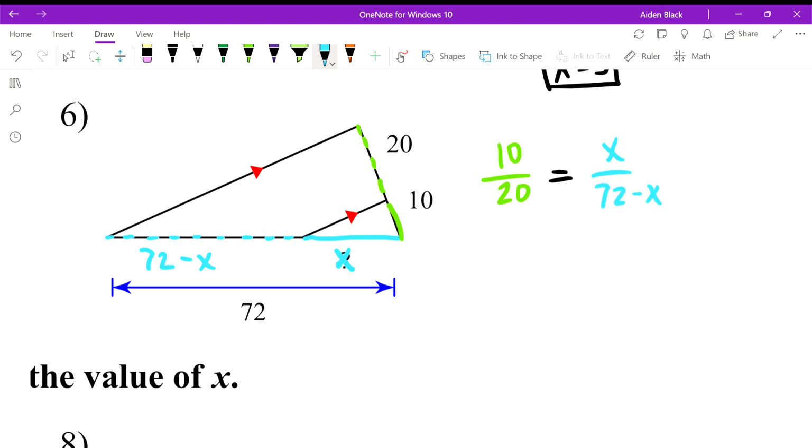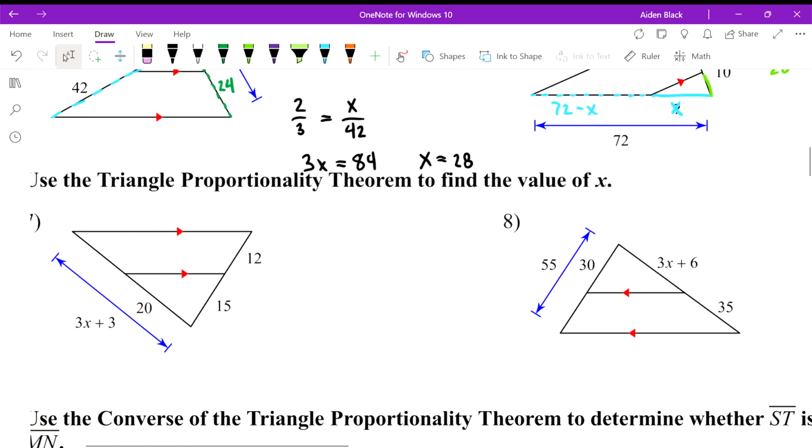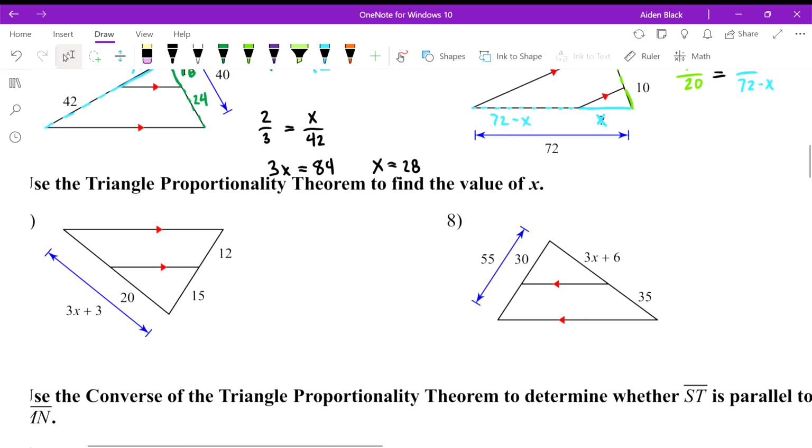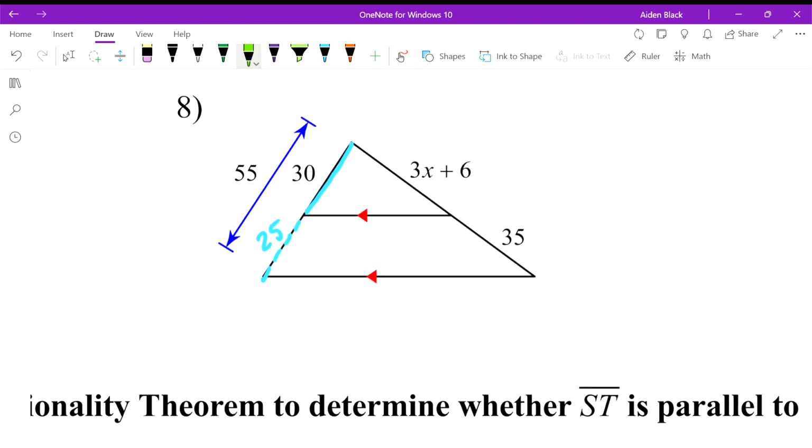You can reduce the 10 over 20 to 1/2, cross multiply and solve for x. This is the same thing here. 30 is to, this should be 25, since the whole thing is 55, as 3x plus 6 is to 35. So just make sure you're setting these up right.